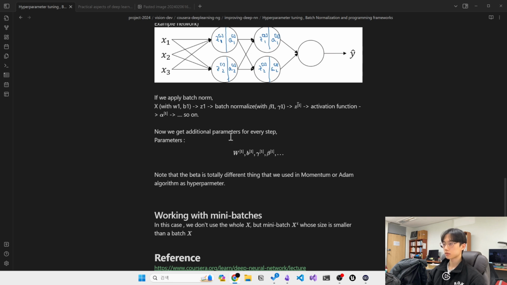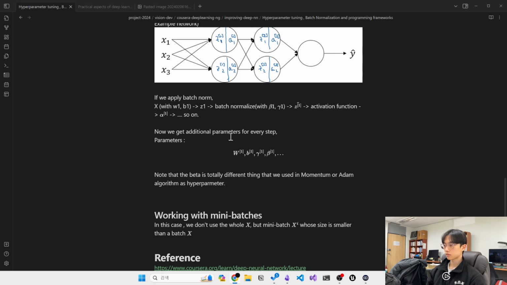Where you now compute Z1 on the second mini batch, and then use batch norm to compute Z1 tilde. And so here in this batch norm step, you'd be normalizing Z tilde using just the data in your second mini batch. So this batch norm step here is looking at the examples in your second mini batch, computing the mean and variances of the Z1s on just that mini batch, and then rescaling by beta and gamma to get Z tilde, and so on. And you do this with the third mini batch and keep training.